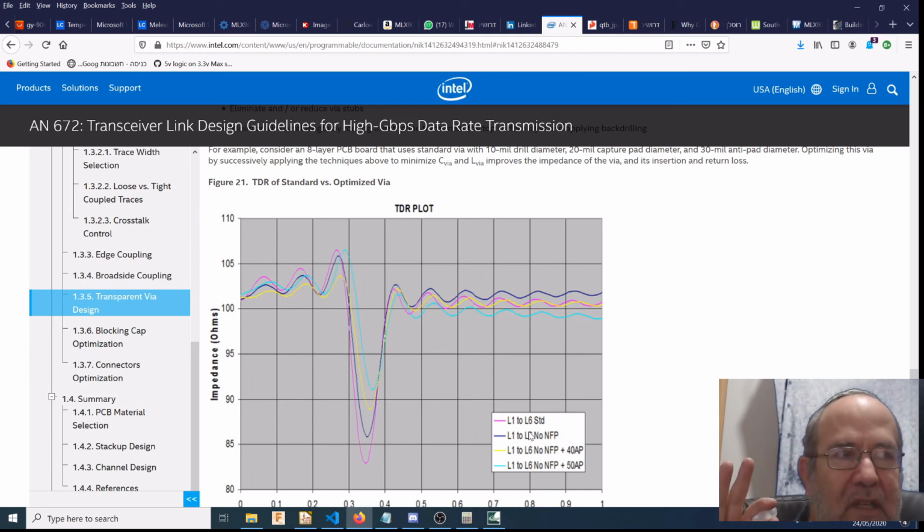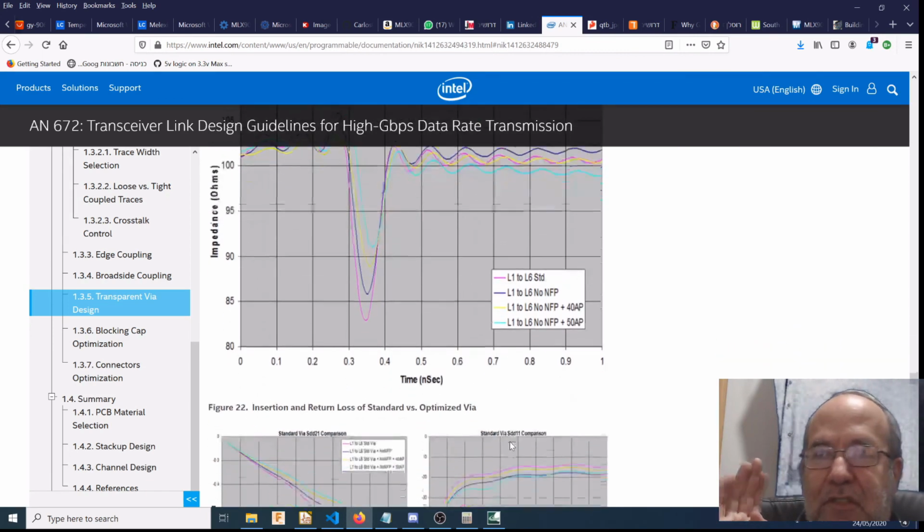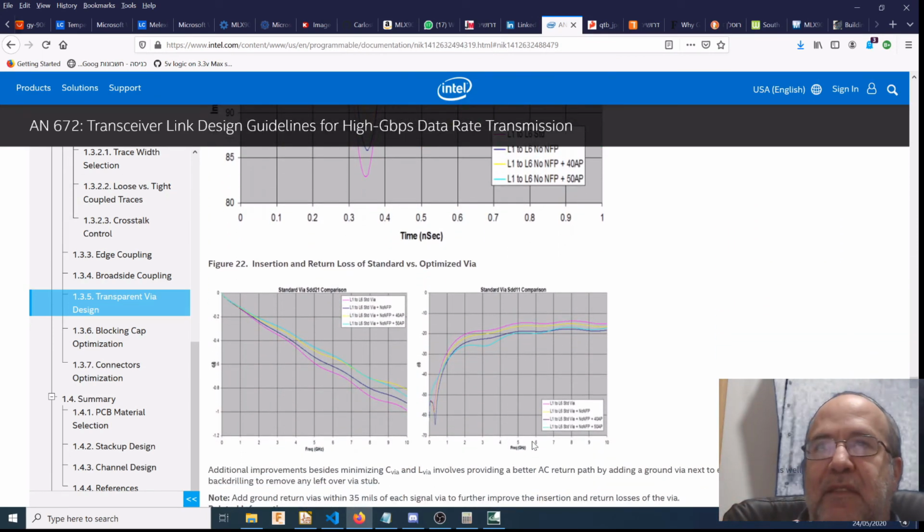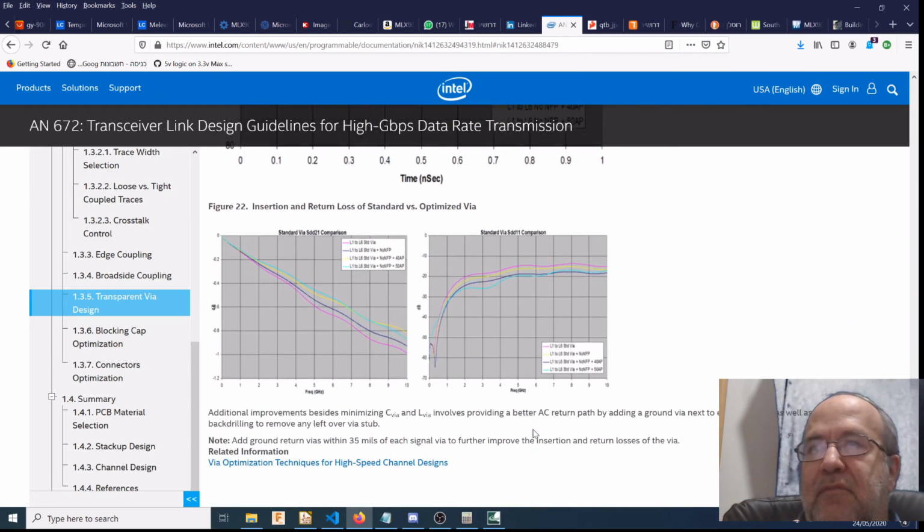One needs to realize that there are limitations of doing that. You can't put hole to hole. You can't put a via right next to it. You have to have some type of hole to hole separation. But that is the mitigation.